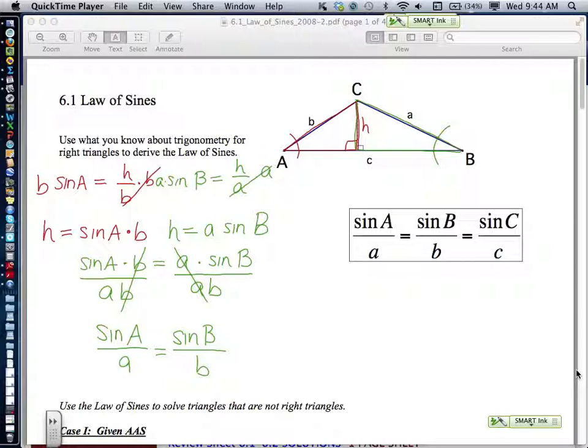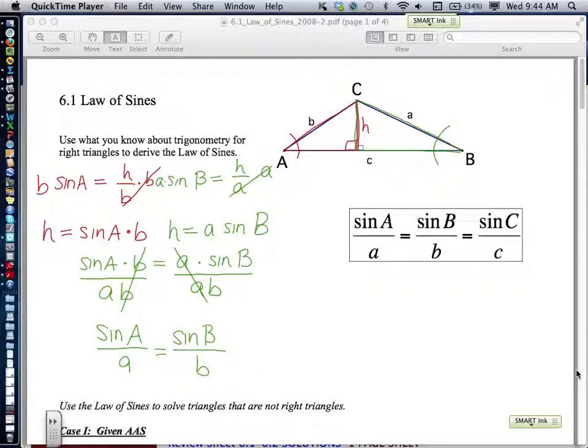So that's how, in a triangle that isn't a right triangle, we can still relate the sine of the angles to the opposite sides. Now, I could also drop a different perpendicular and this time involve C and the sine of C, and then I would get the whole proportion.